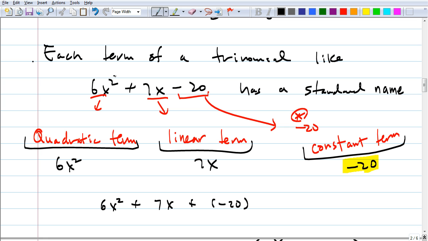What about the last term, the constant term? Why do you think it's called a constant term? The number by itself. Does the number change? Like, does negative 20 become 5 all of a sudden? No, negative 20 is always constant. That's why it's called a constant term. Does that make sense? So the number doesn't change, right?